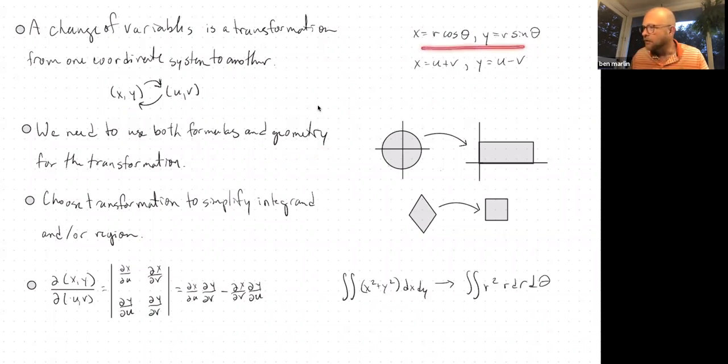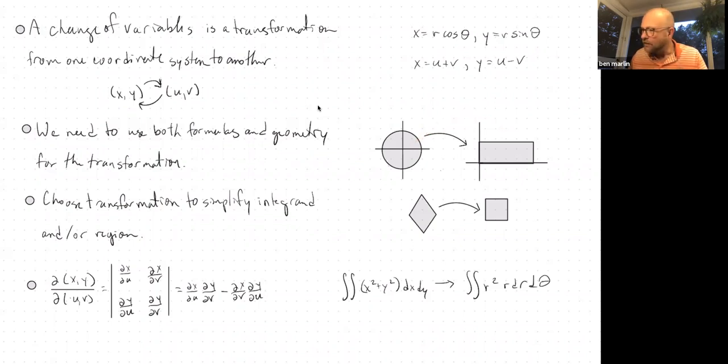The example that you've seen already is x is r cosine theta and y is r sine theta. Soon we're going to have one where we let the x be u plus v and the y be u minus v, or something like that. When we do this, x equals r cosine theta took a circle in xy coordinates, and in r theta coordinates, it actually is a rectangle.